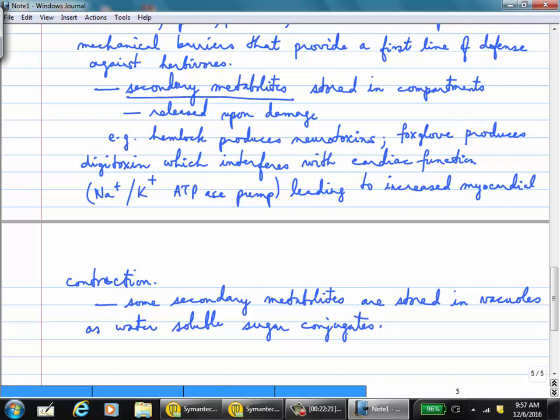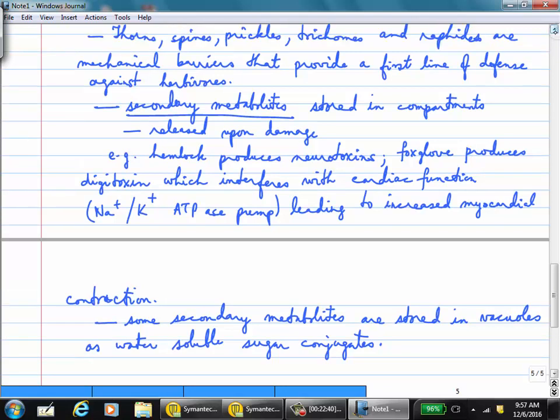They are stored in a form where they are there, but they're not active all the time. If some herbivore comes and eats up part of the plant, there is damage, and in response to that, these molecules are released. So that is going to have a negative effect on that invading animal, right?